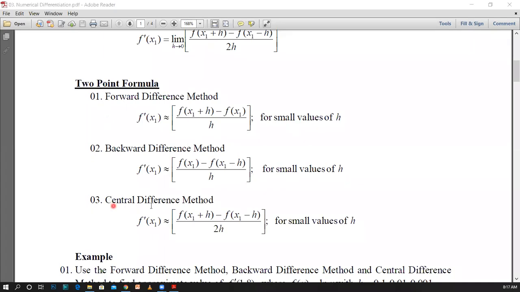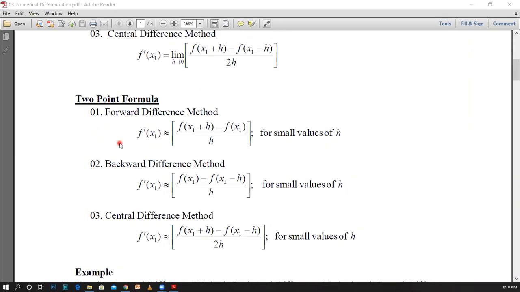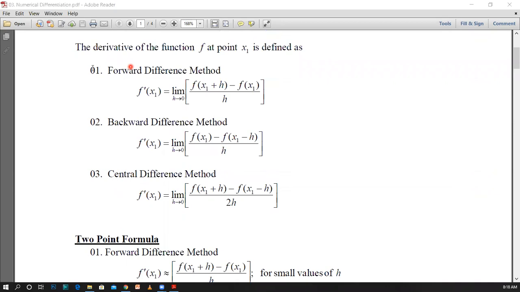For the central differencing method, we get the approximation using [f(x1 + h) - f(x1 - h)] divided by 2 times h. These are the 3 formulas we define under 2-point formulas: the forward differencing method, backward differencing method, and central differencing method.